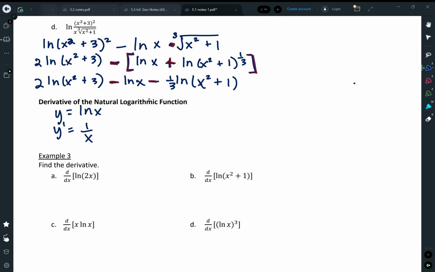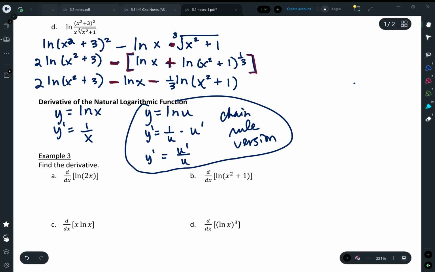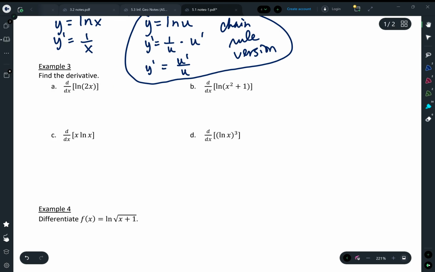And so if I think about the chain rule version, if I have y equals the natural log of u, well then y prime would be 1 over u times the derivative of u, which ends up just being u prime over u. So this is the chain rule version. The chain rule version is probably a little bit easier to use for this, but I want to make sure that I go through and show you where that's coming from.